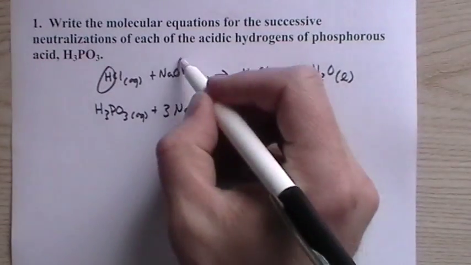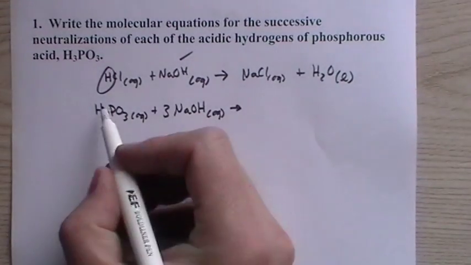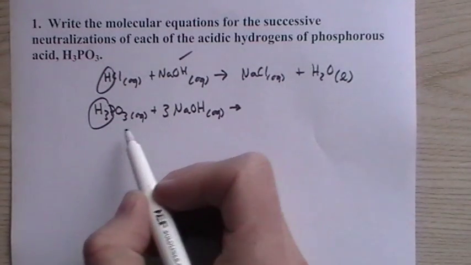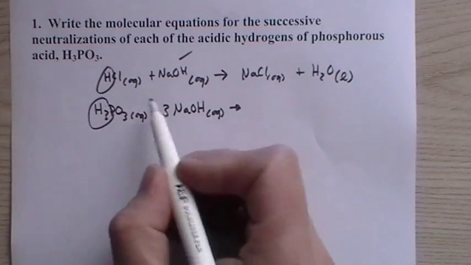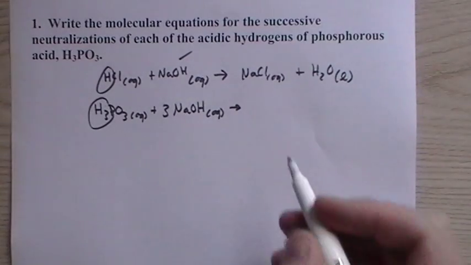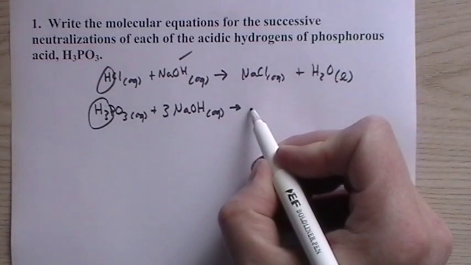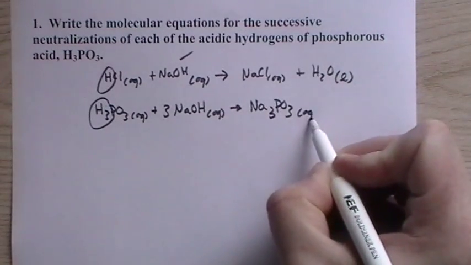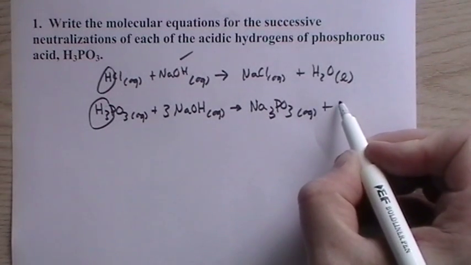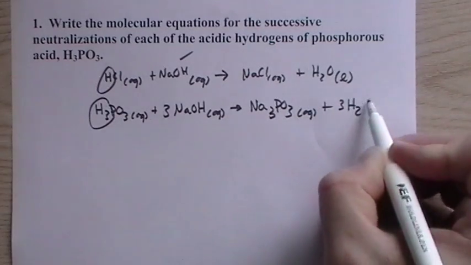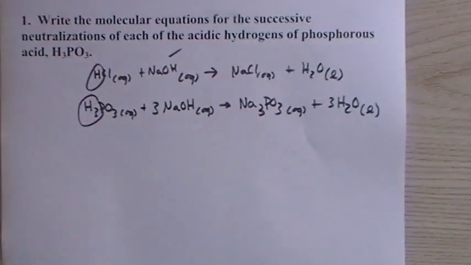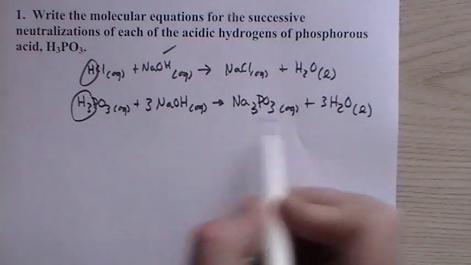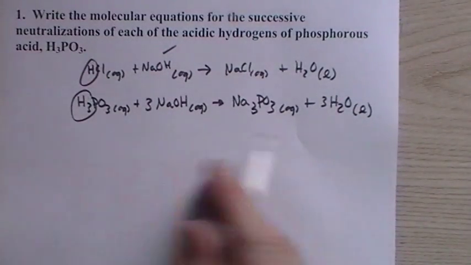We have 1 here, so we just need 1 sodium hydroxide, but when we have 3 H pluses that will be coming off of this species, we're going to need 3 sodium hydroxide, so we'd end up with Na3PO3 and 3 waters. Each H plus would react with an OH minus, and we'd be done here. And that would be it.